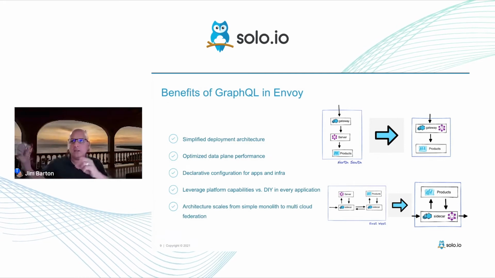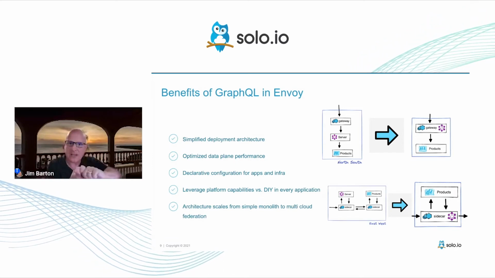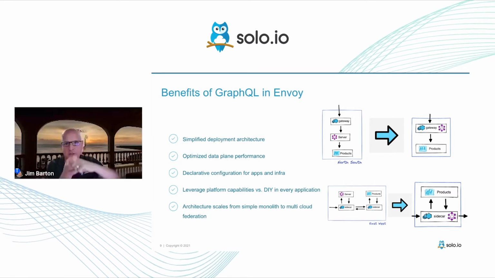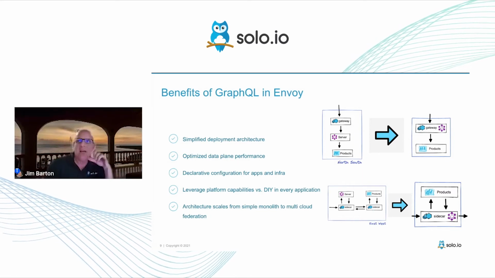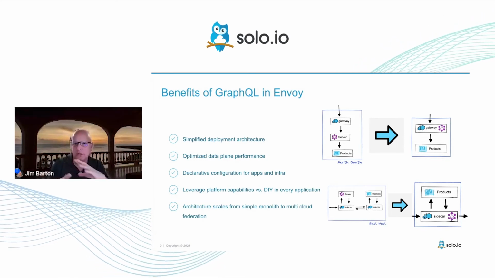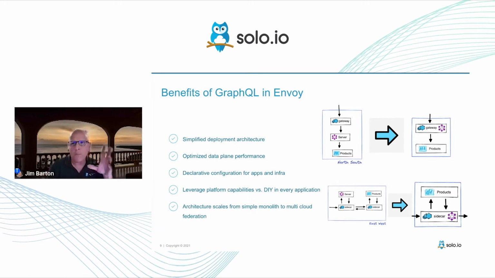And what I'd like to do is to be able to bring those two together so that I have a gateway that understands how to serve GraphQL APIs, just like it understands how to serve REST and gRPC and so forth. And so that simplification story is a really big winner in our customer base.